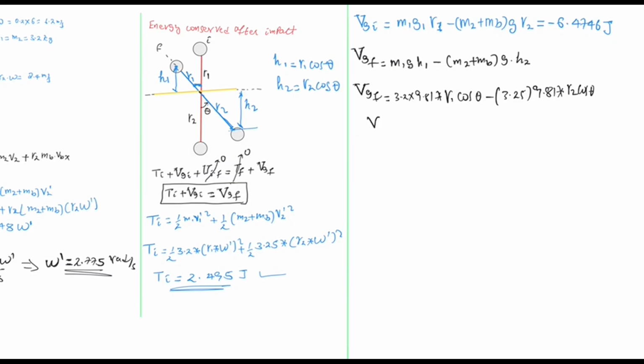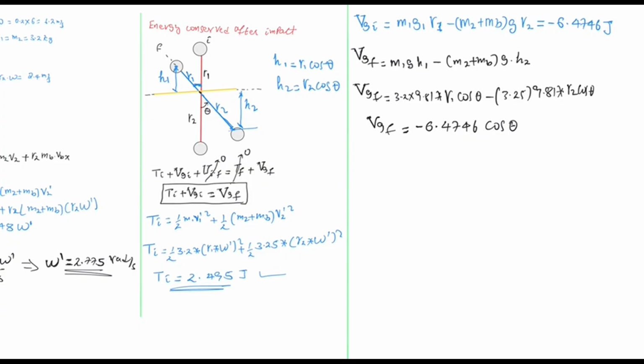So this implies that VGF is equal to, the only unknown parameter is cos theta, the other parameters are numbers, so finally it will give us negative 6.4746 times cos theta. So this is just the final gravitational energy.